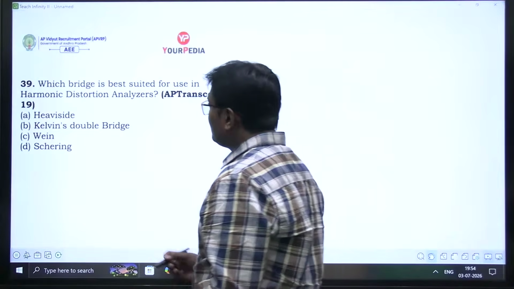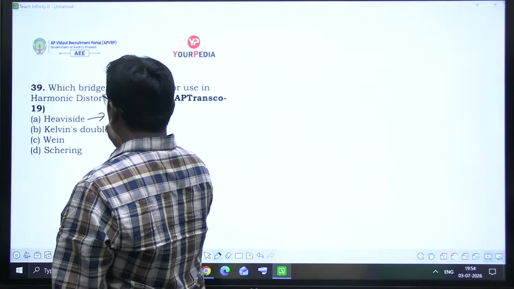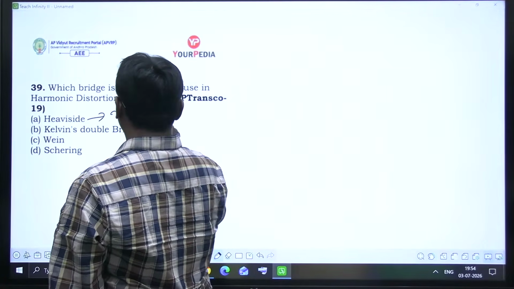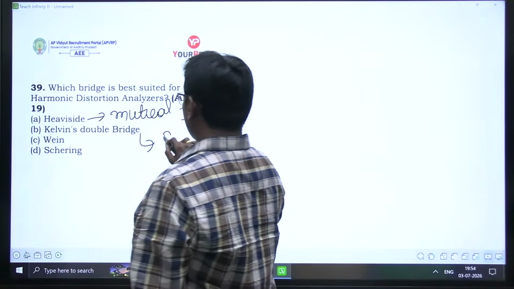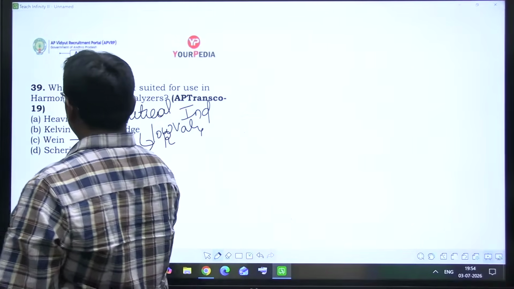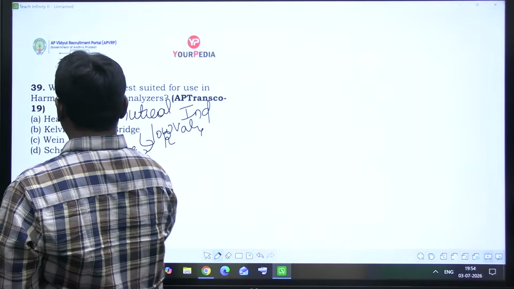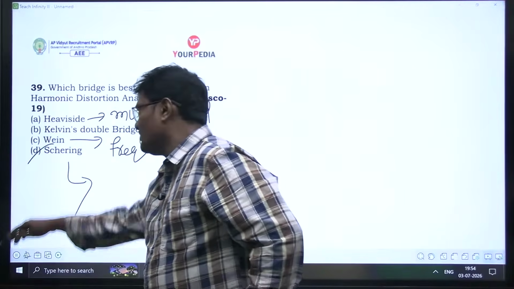See here, this is for the measurement of mutual inductance. And this is the low value of resistance. And this measures only frequency. But here the harmonic distortion analyzer is Schering bridge.